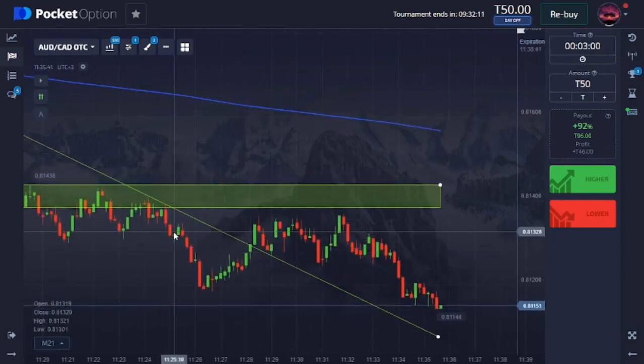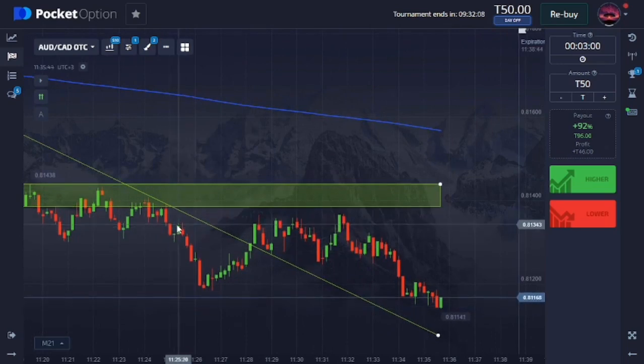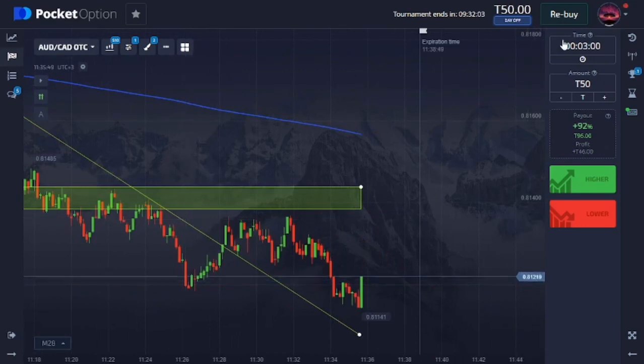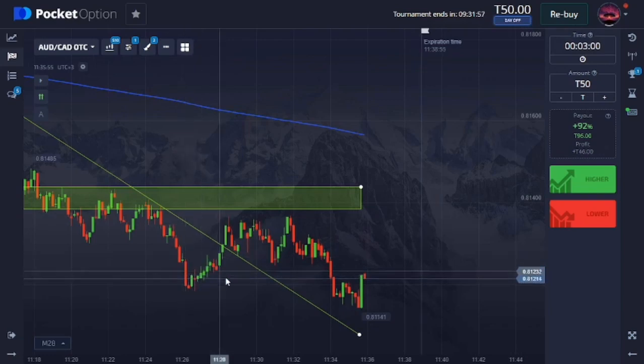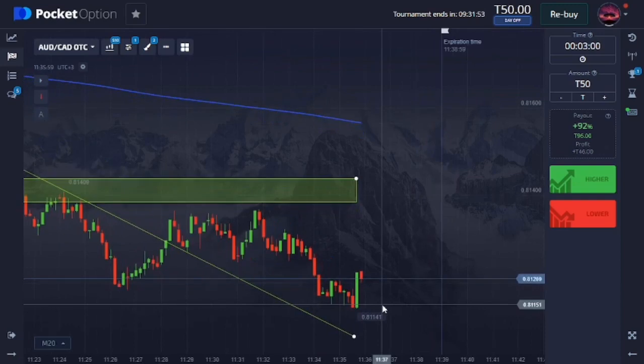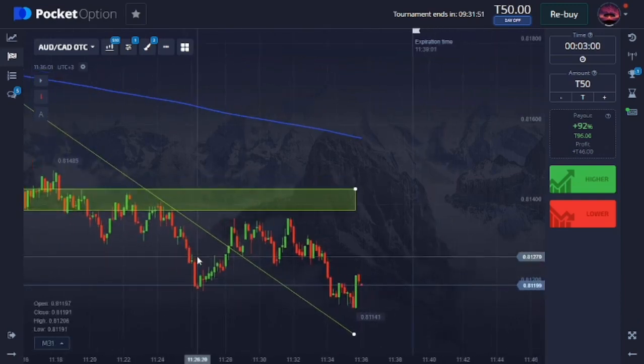The earlier trade that I took was wrong because I selected 3 minutes. If it had been 2 minutes, that would have been a winning trade, but it was 3 minutes.